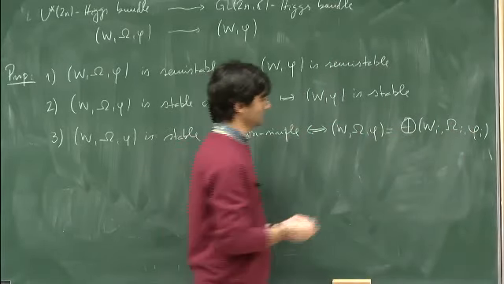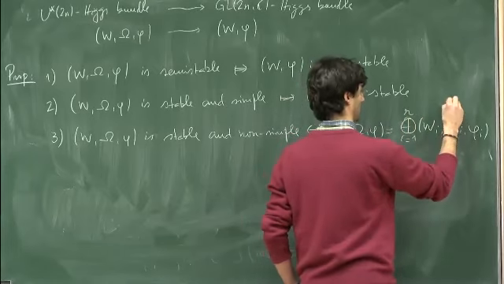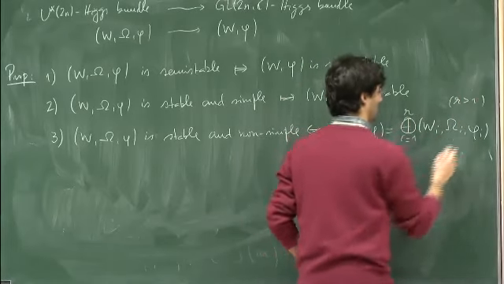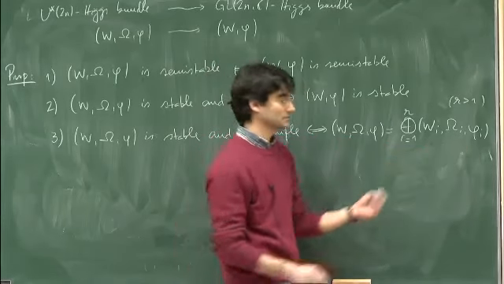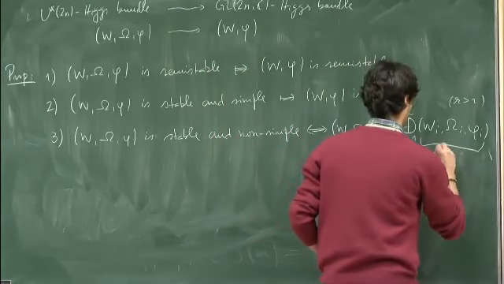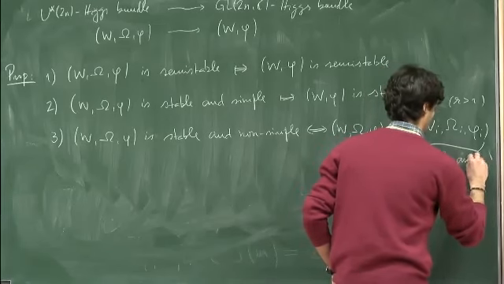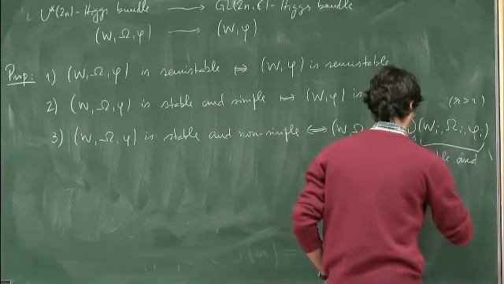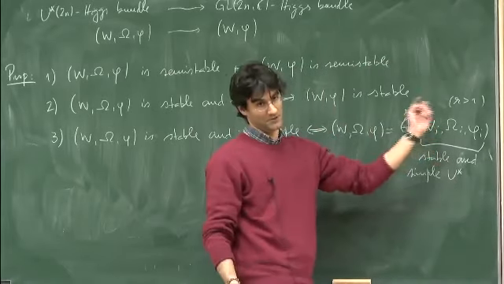So this is a non-trivial direct sum, and each one of these is a stable and simple U star Higgs bundle for the corresponding rank.